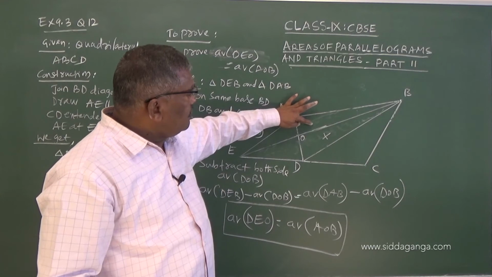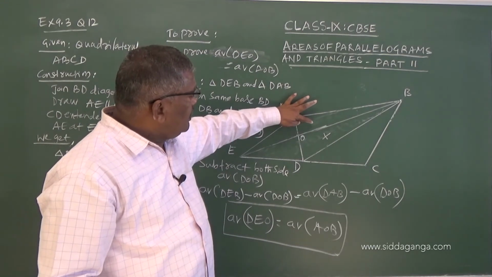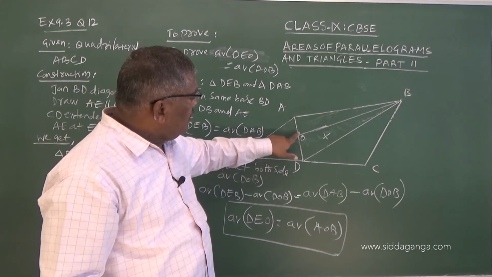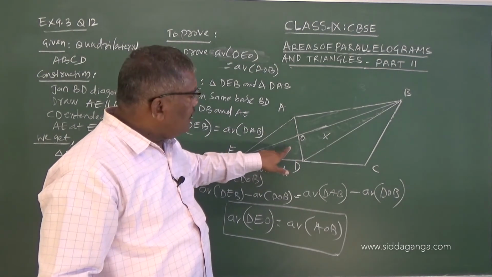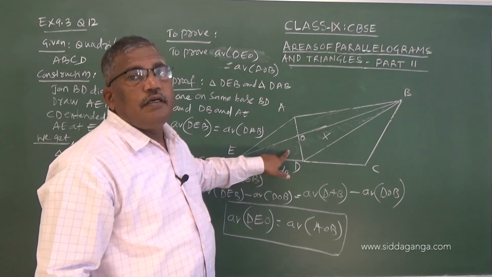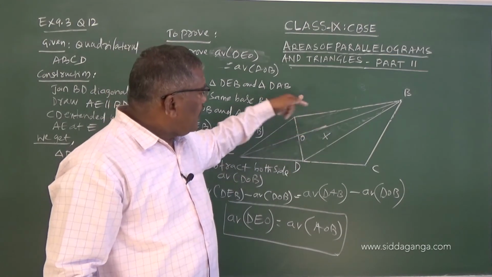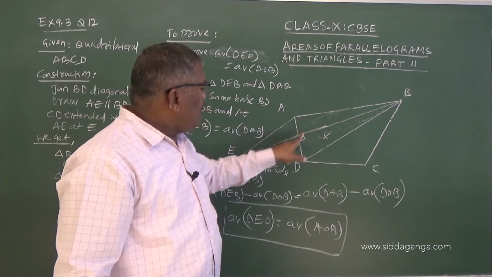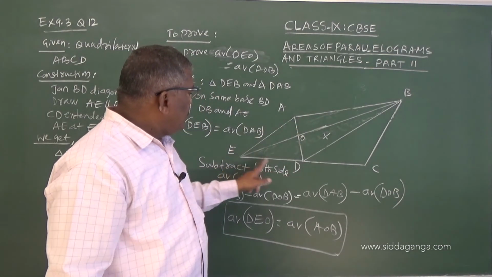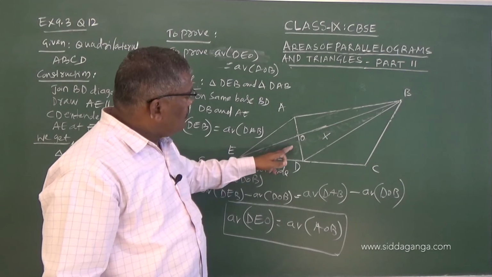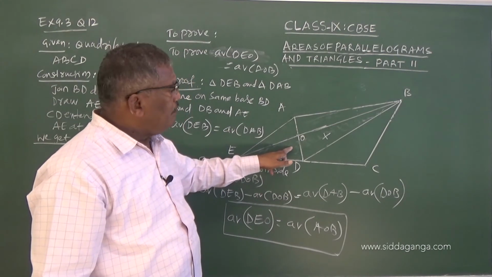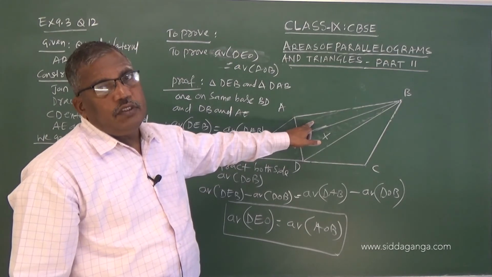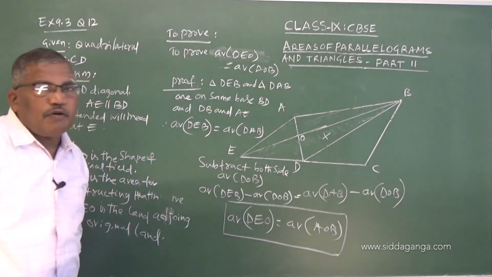And he told, you have to give me an equivalent triangular area adjacent to my land, then I will hand over this AOB to you. So AOB is equal to DEO. So they will give this DEO area to him and they will take this AOB from him. So this is the essence of this problem.